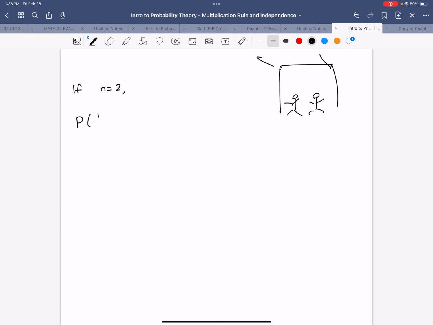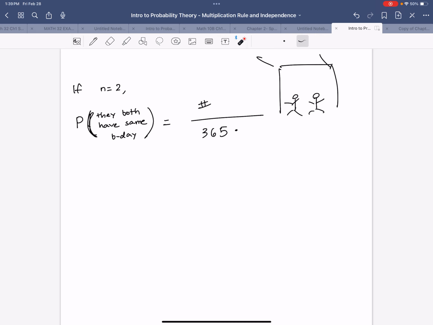Well, that probability is going to be, we need the total number of ways they can have birthdays, which will be our denominator. That's going to be 365 possibilities for the first person, because this person can have 365 different birthdays, right? 365 choices. And now the second person can also have 365.